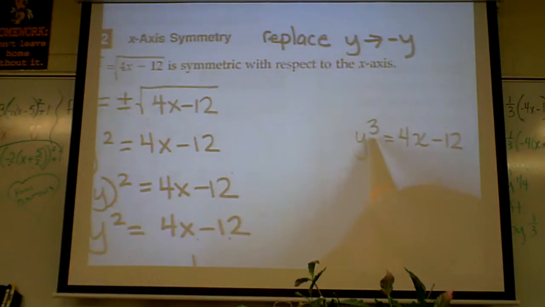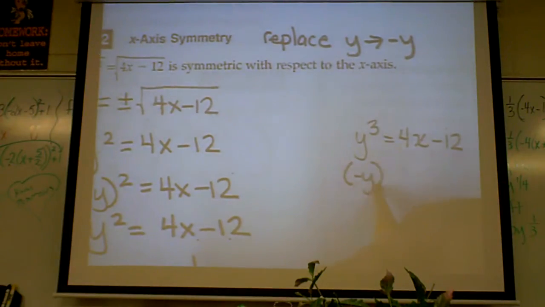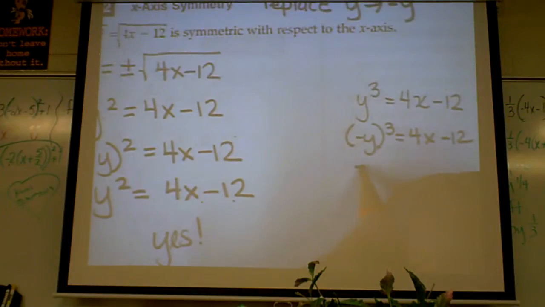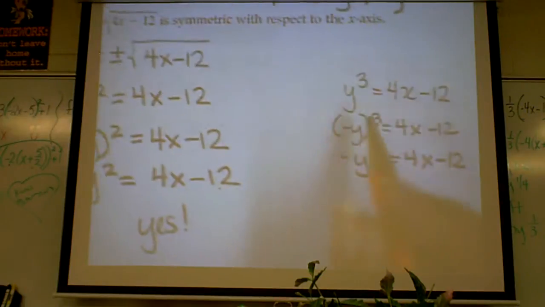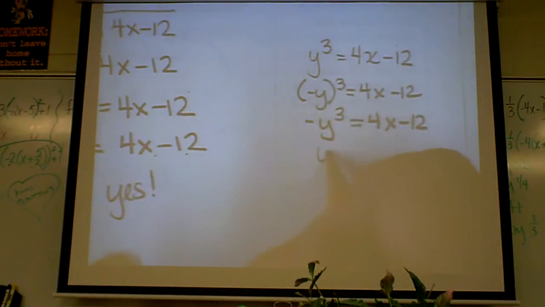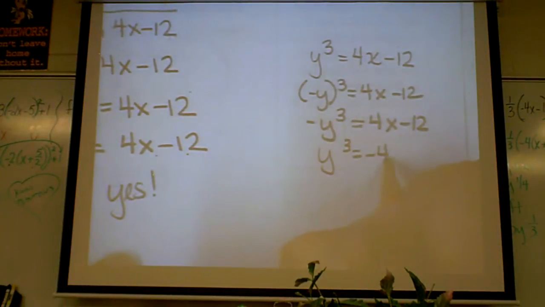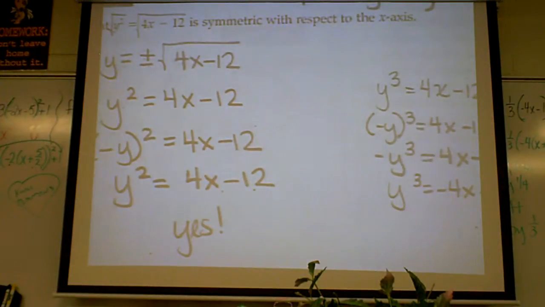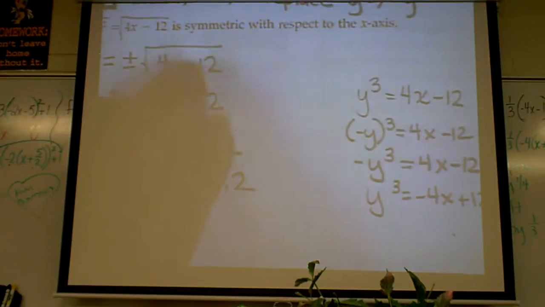Because when you put a negative y here, this is going to stay like that. Now what you would do is multiply everything by negative 1, and it's a different equation. It's different. Okay? Next.